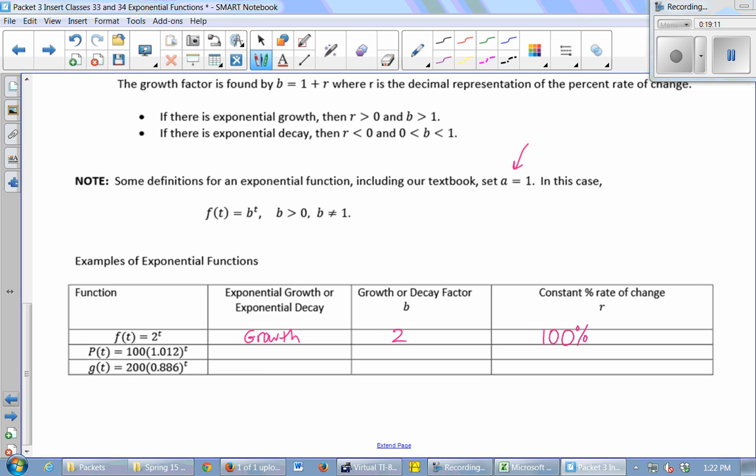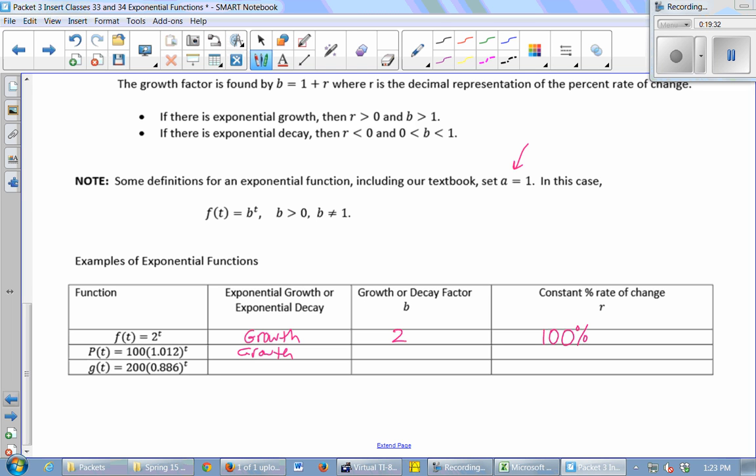All right, here's another one. P of t equals 100 times 1.012 to the t. Is this growth or decay? Growth. If you multiply by 1.012, it's going to get bigger. You're multiplying by something bigger than 1, so the result will be bigger.